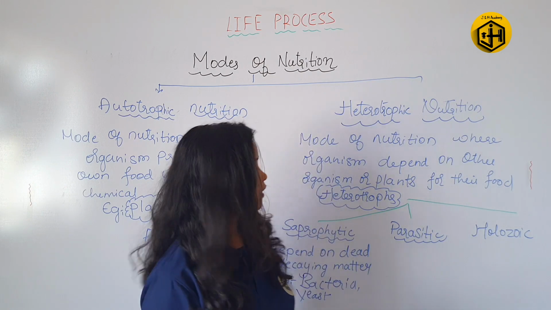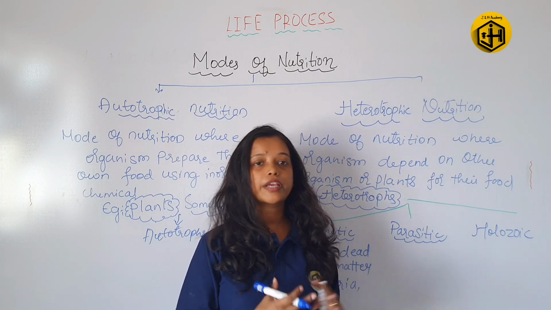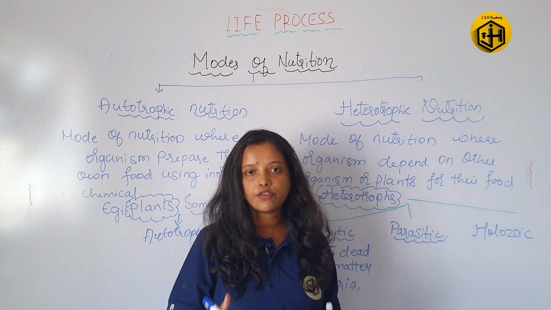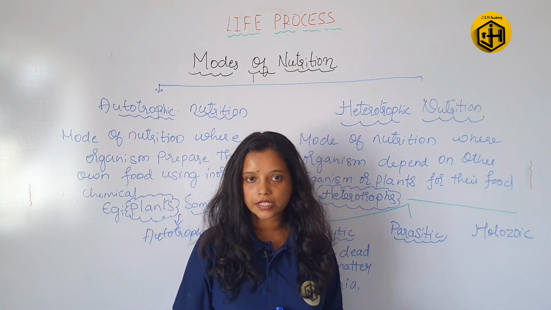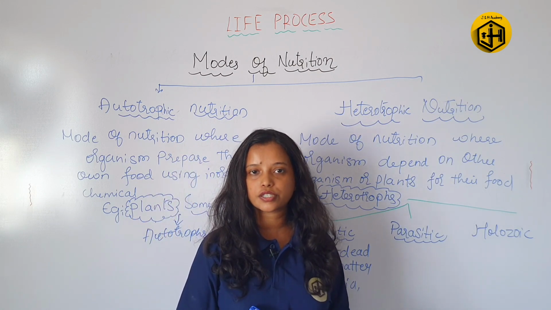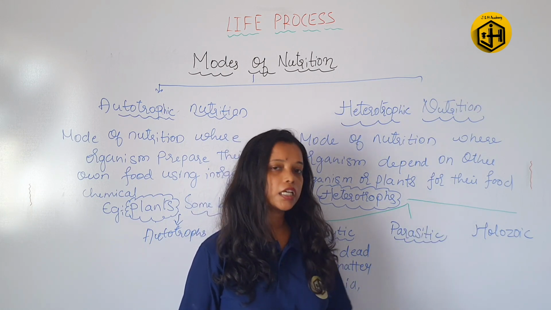Next is parasitic nutrition. So what is parasitic nutrition? Here the organism will live on or inside the other living organism for its nutrition. So such mode of nutrition is called parasitic nutrition.